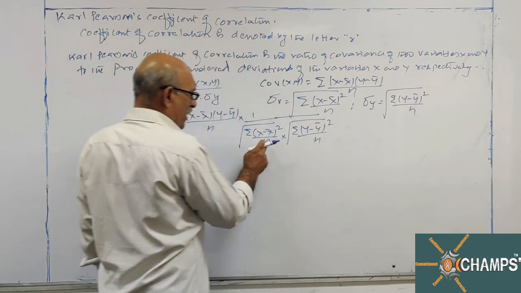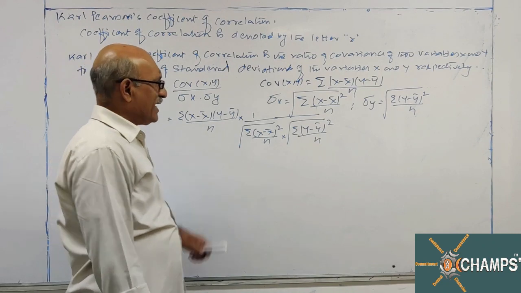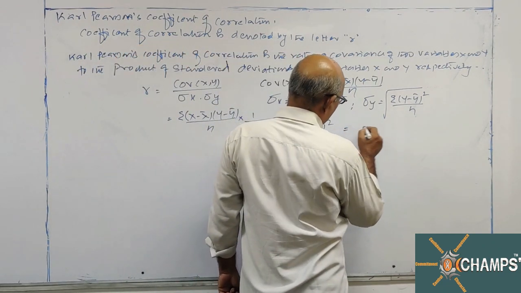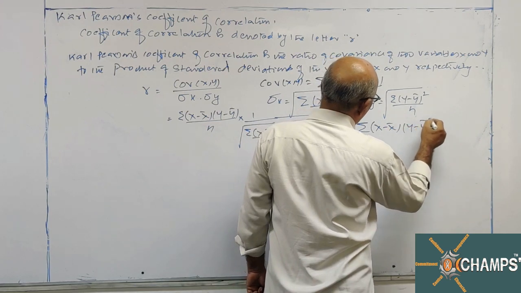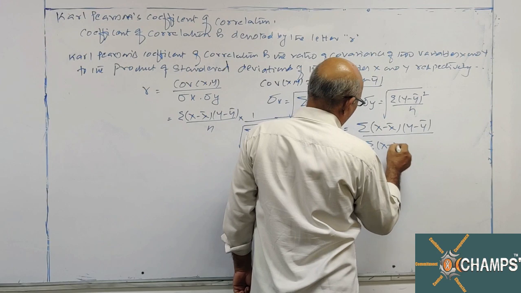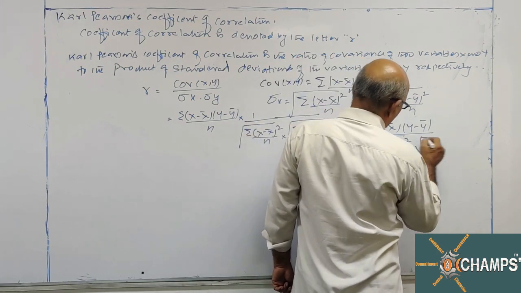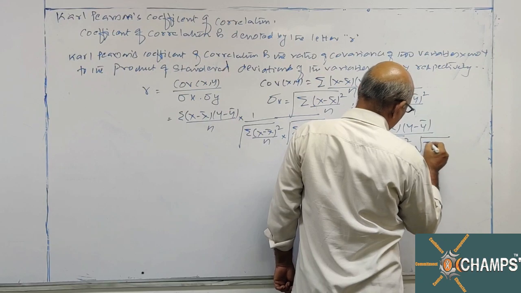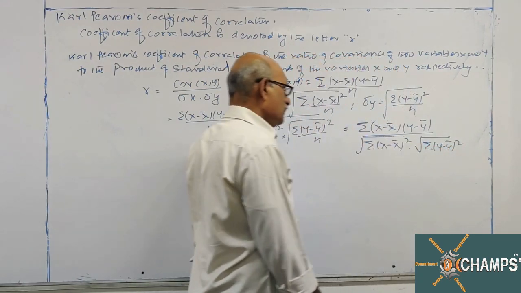Square root of n into square root of n is n and this n cancels, leaving us with summation of x minus x bar into y minus y bar by under root of summation of x minus x bar whole square into summation of y minus y bar whole square.